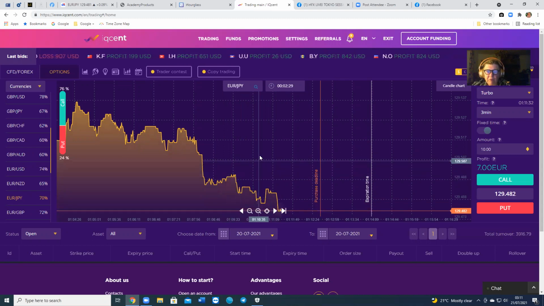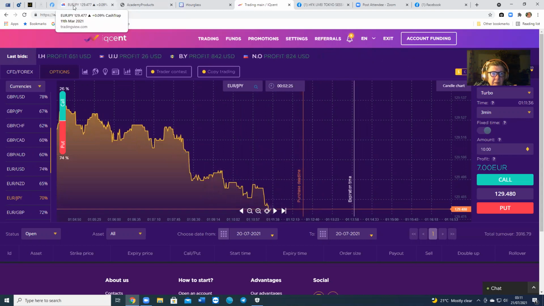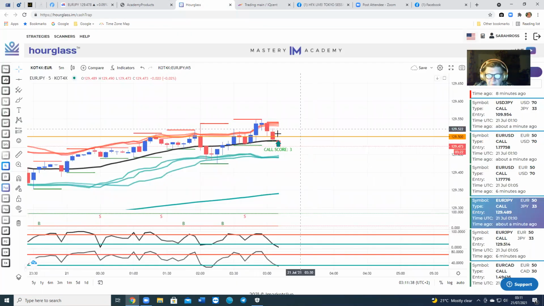So that's why I wouldn't take that one at that moment, because we've got mixed messages now. We've got that problem there. We really need it to get down to that green level, then take it back up to that level, then it'll carry on down or break back through, whatever it decides it's going to do.